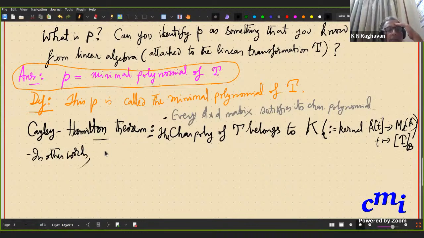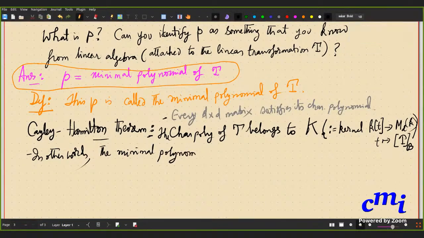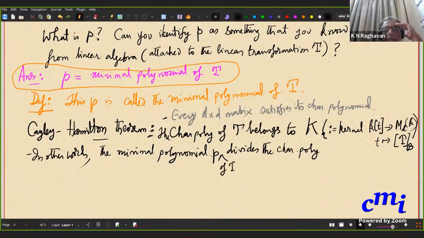This is the minimal polynomial P divides the characteristic polynomial, of T, of course, and of the same transformation.